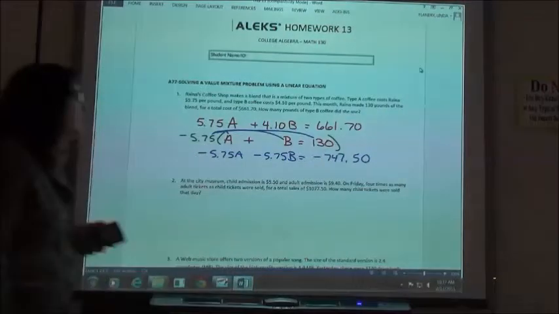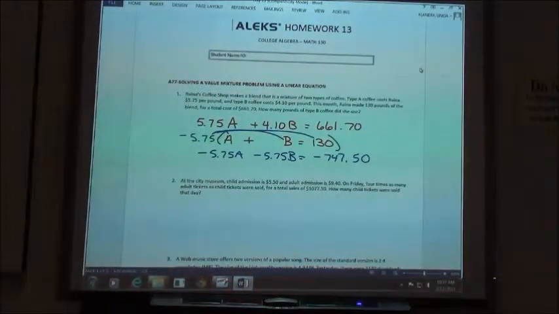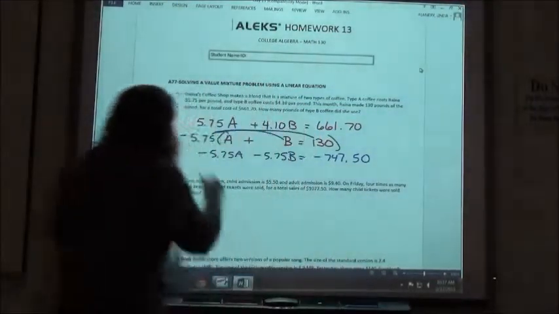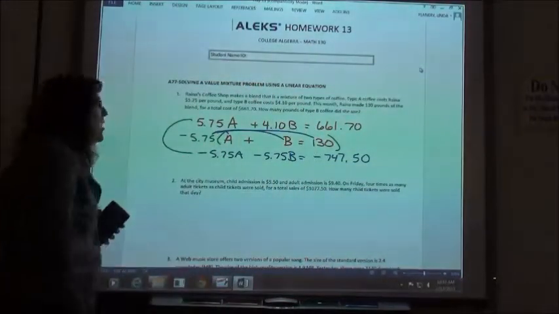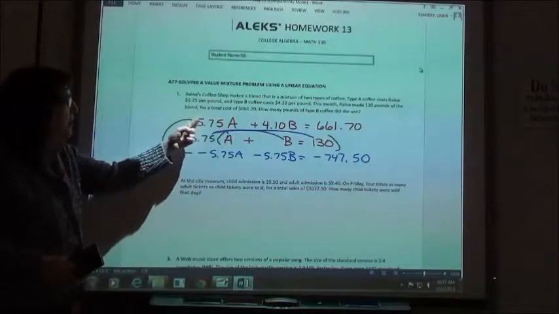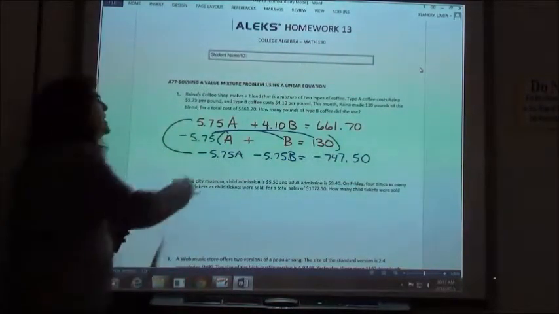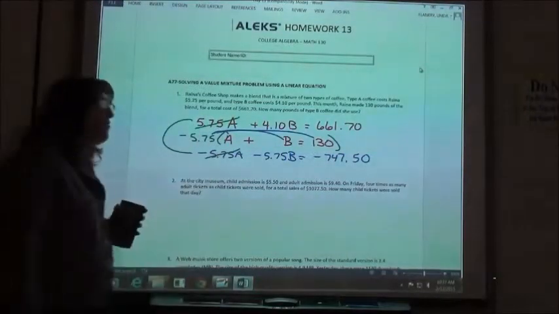I'm going to add the 0 since I'm doing money. So what happens now is I'm going to add the top equation and the bottom equation together. 5.75 minus 5.75, those are opposites. It cancels the A's out of my equation.